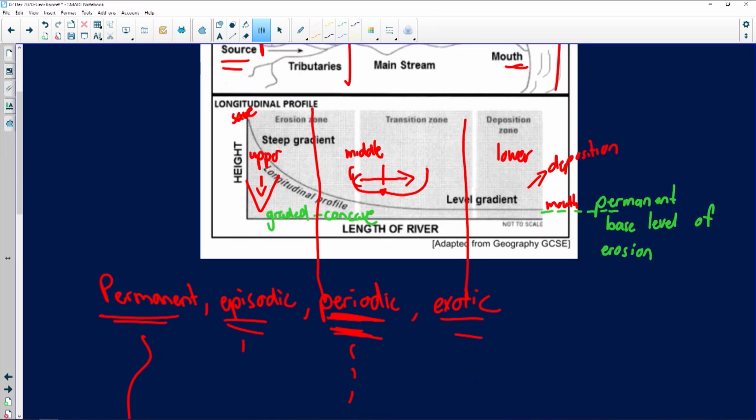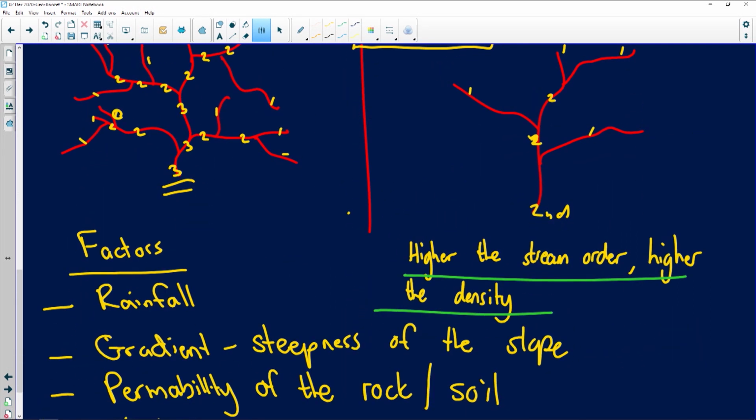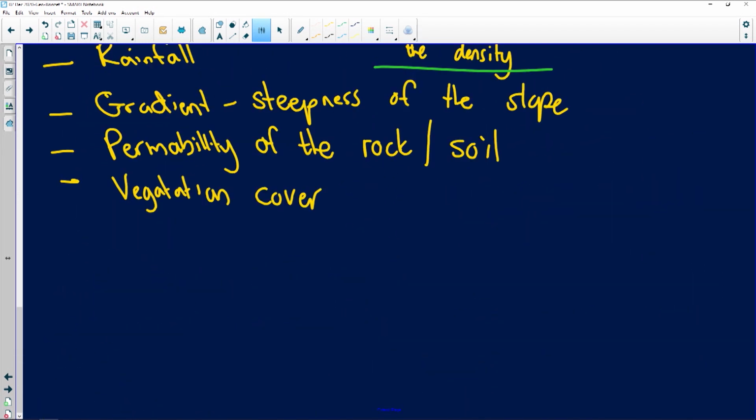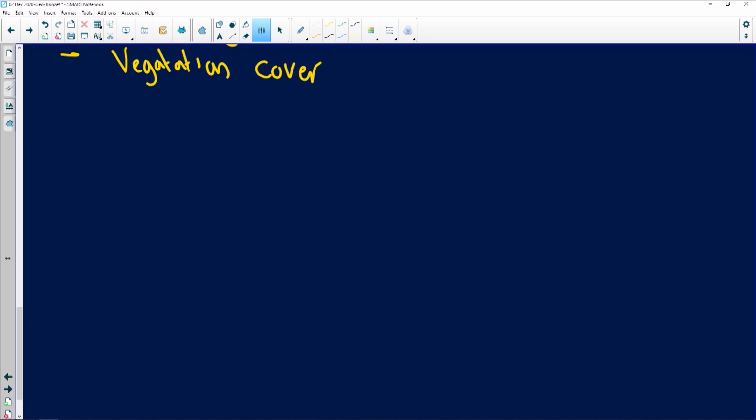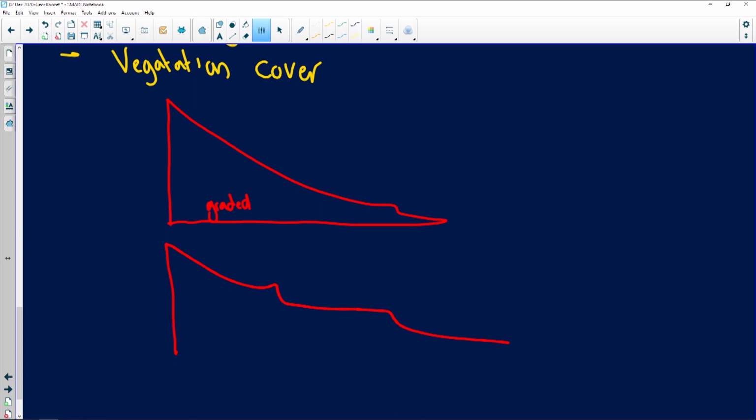Now, very importantly, I just want to show you this. The course over there is a beautiful concave, and that's a graded profile. Now, we also experience an ungraded profile when we experience nick points. Remember, that's the permanent base level of erosion.